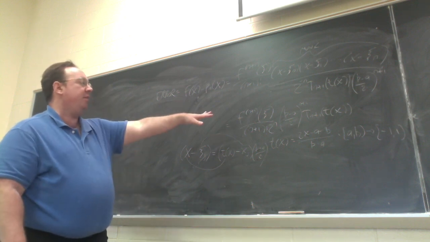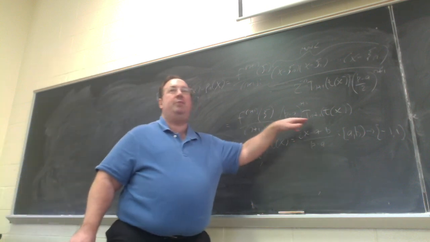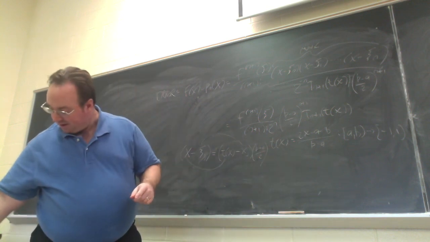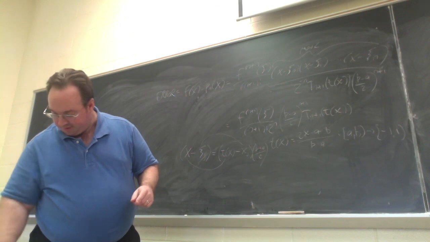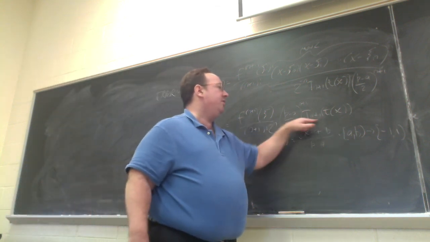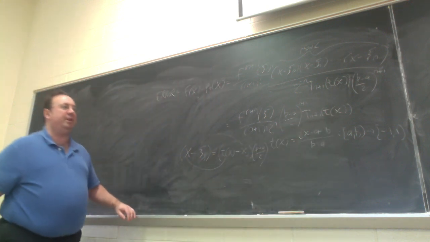So here's our error. Can anyone tell me, knowing that this is a Chebyshev polynomial of degree n plus 1, how many times does this change sign within AB?